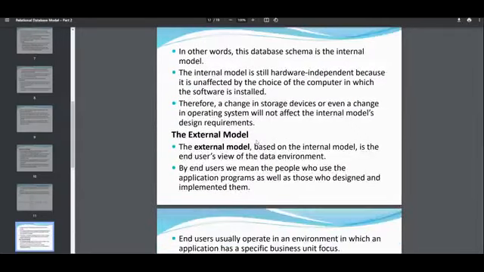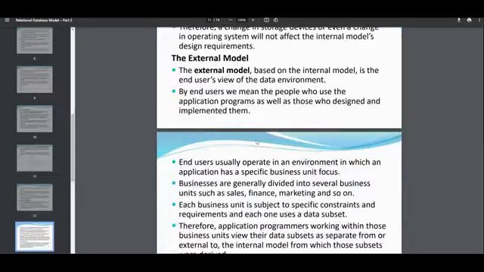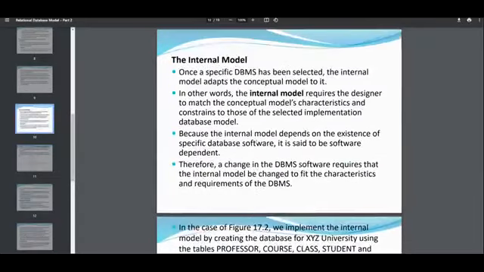So the external model, based on the internal model, is the end user's view of the data environment. Previously I mentioned the internal one, but here, once a specific DBMS has been selected, the internal model adapts the conceptual model to it. A specific DBMS has been selected; that is related to a designer.